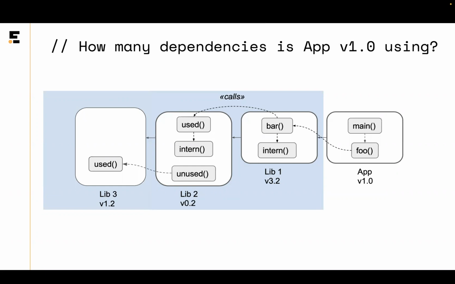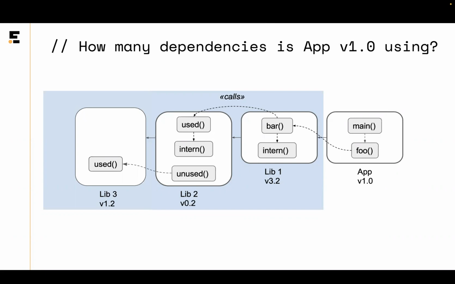Here we see that app depends on lib1, lib1 depends on lib2, and lib2 depends on lib3, right? And if, for example, there were a vulnerability in lib3, say a security problem in the used function, in the traditional conventional way we would say that app is using lib3, so app is vulnerable because of this function.